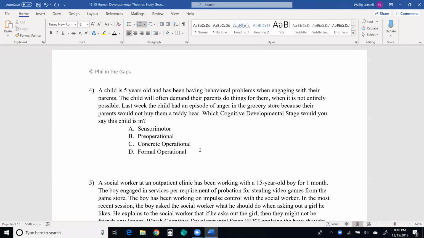A, sensory motor. B, pre-operational. C, concrete operational. D, formal operational.